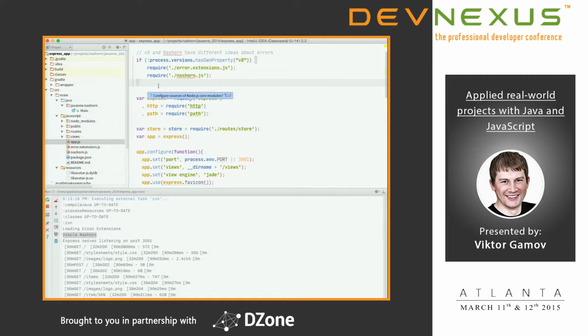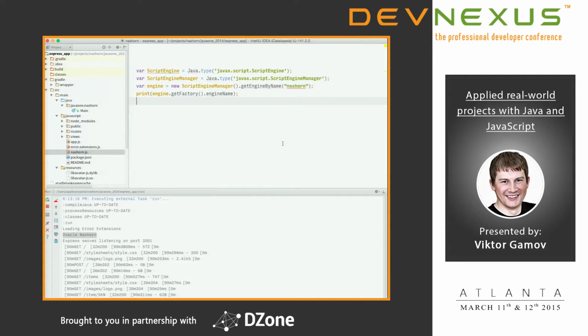If it's not V8, if it's Nashorn, I want to load some Java stuff. So if I go here to nashorn.js, we already saw the script. We're invoking the JavaScript scripting API within a Node.js application, like an inception, right?